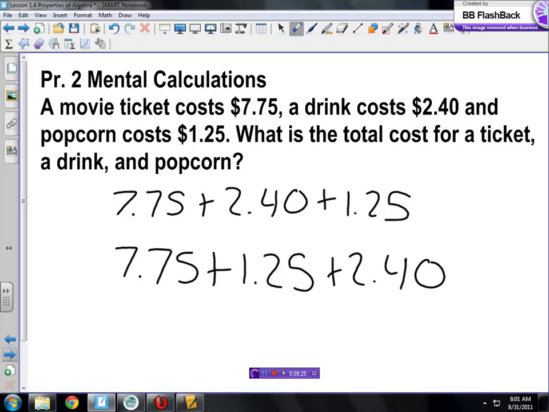What's 775 plus 125? 9, right? So this together is 9. What's 9 plus 240? 1140. There we go. That's a lot easier to add than the other way, right? So 1140 is the answer. So remember that addition order doesn't matter. If it's easier to add one pair first, then do that, and then add the second part after.